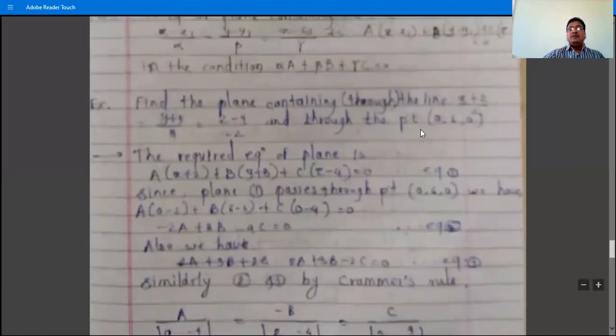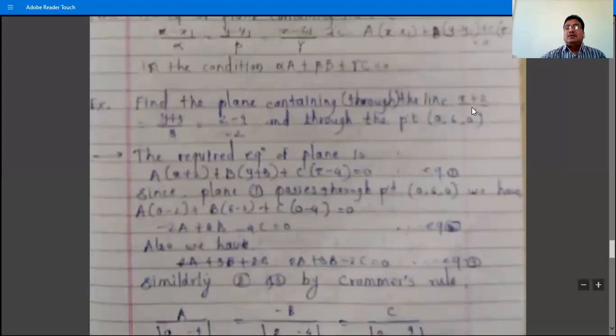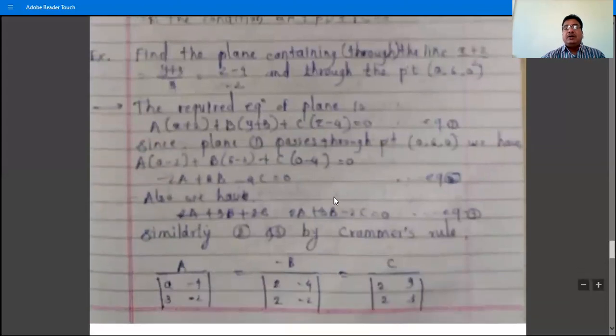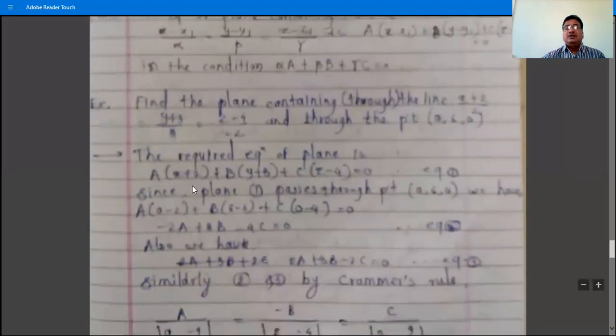So correct the numbers. The equation of the line is (x plus 2)/2 = (y plus 3)/3 = (z minus 4)/(minus 2). Then here it is 6 plus 3, not minus 6, so 9B. We also have that 2A plus 3B minus 2C is equal to 0. Why? Because the line lies on the plane, which means the normal to the plane is perpendicular to this line.